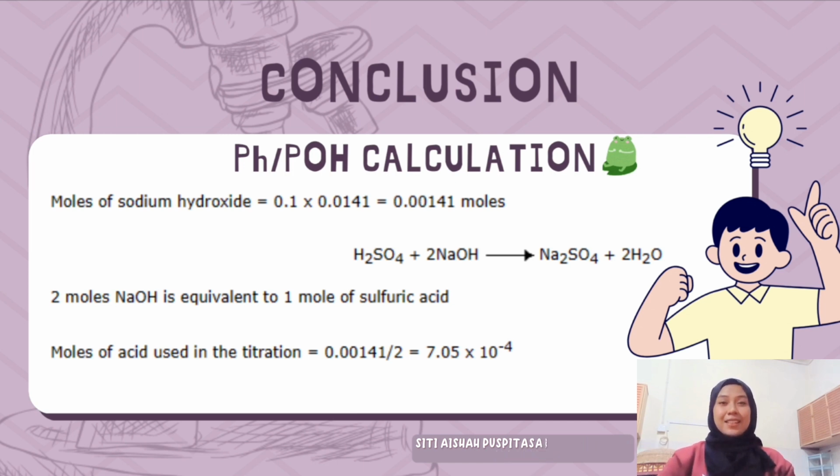Next, the acidity or basicity calculation begins when the amount of moles of sodium hydroxide and sulfuric acid are known. The stoichiometric method is used to calculate the amount of sulfuric acid used in a titration by following the ratio of sulfuric acid and sodium hydroxide.